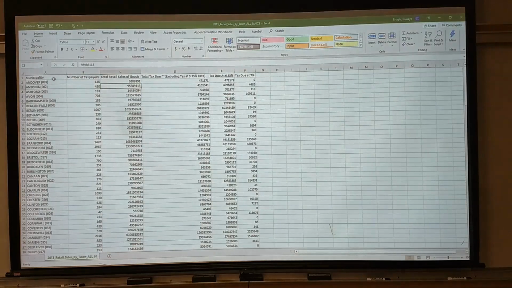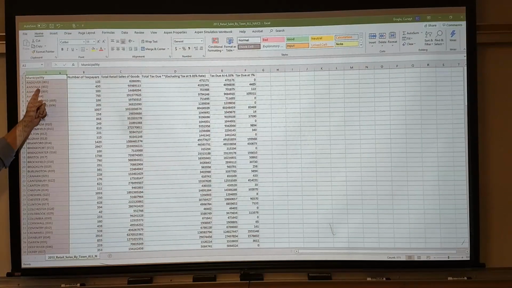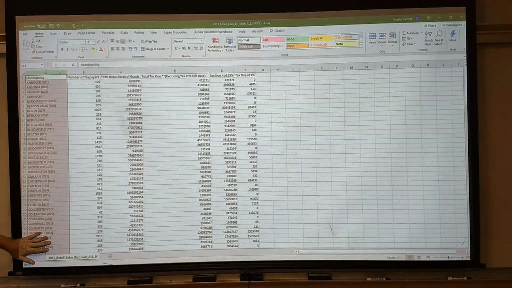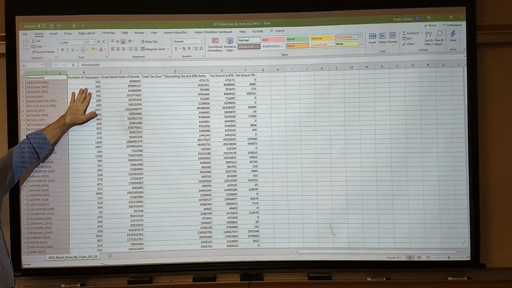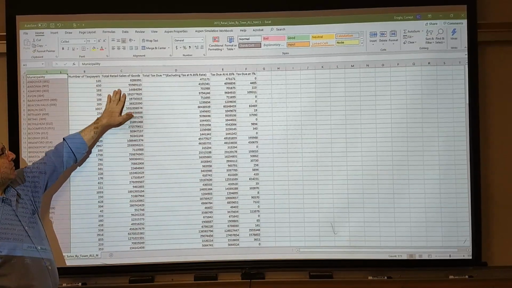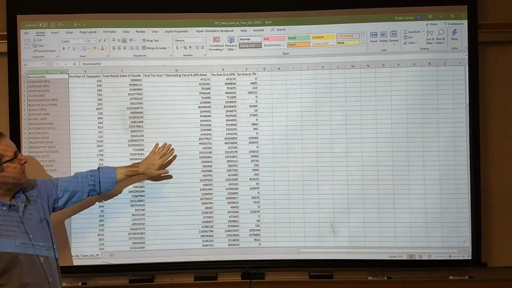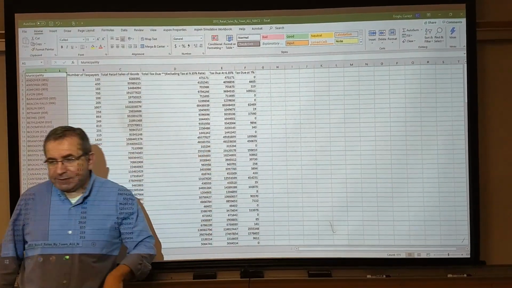The first column gives you the name of the municipality: Andover, Ansonia, Ashford, Avon, etc. Column B is the number of taxpayers, then total sales of retail goods, taxes, various columns.